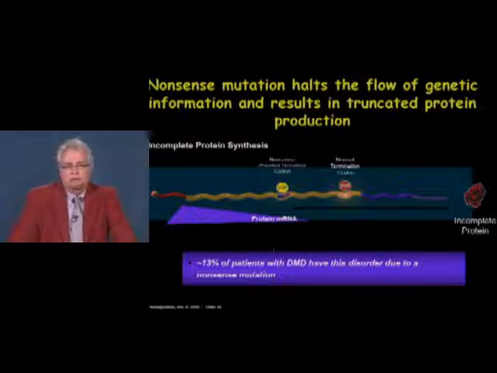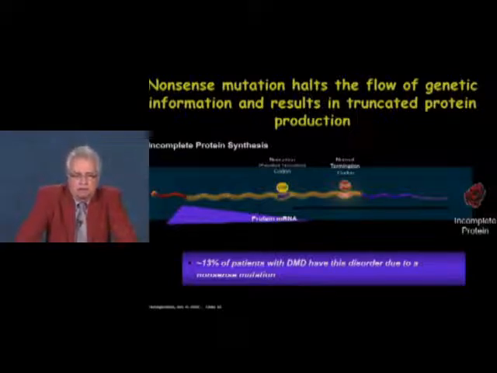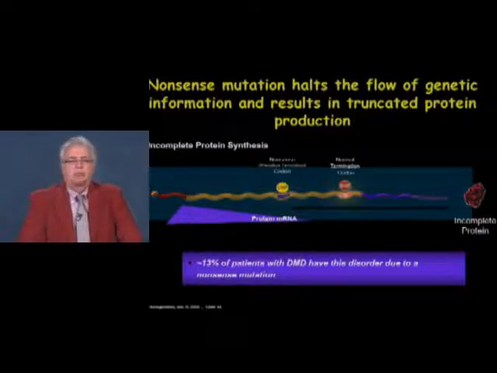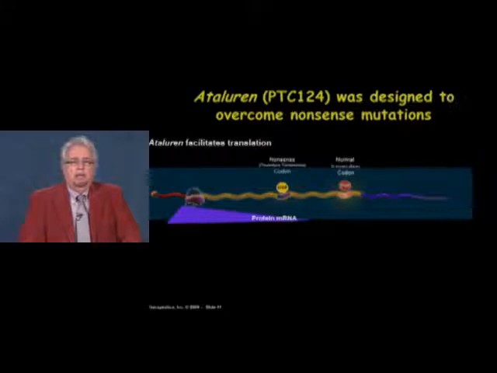About 13% of the patients with DMD have a stop mutation, what we call a nonsense mutation. There is a molecule known as ataluren, which was designed to overcome nonsense mutations, and allows what we call read-through of a stop mutation.